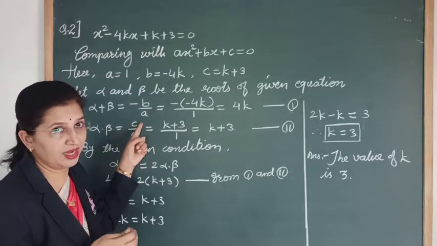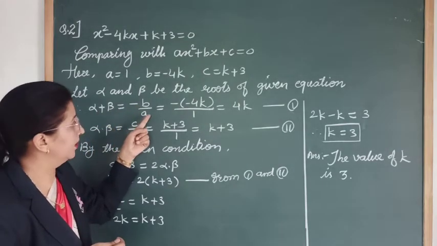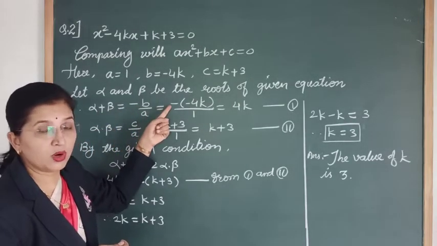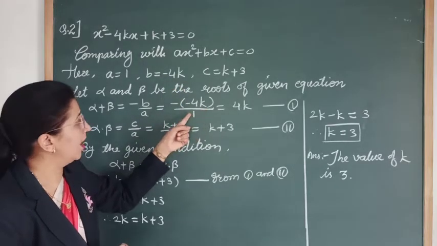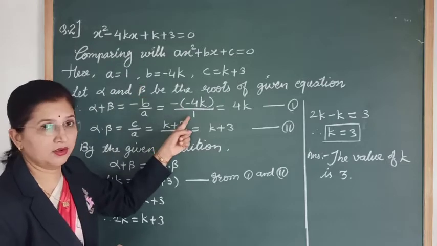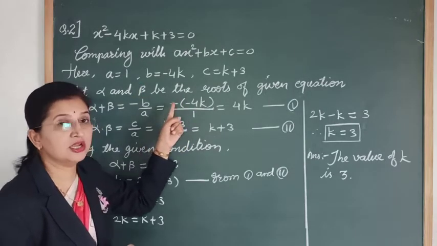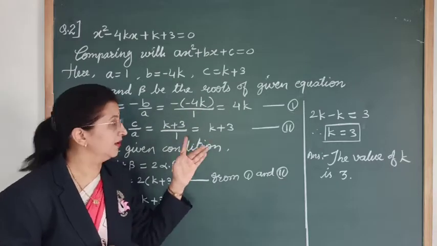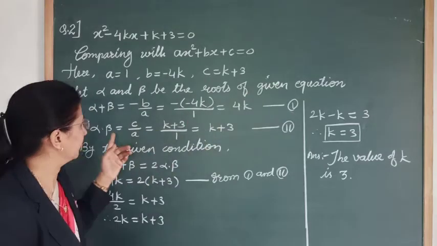So alpha plus beta is equal to negative b upon a. Here negative, and the value of b is negative 4k, upon a, which is 1. Out of the bracket a negative sign is there, so the bracket sign will change, so it will become plus 4k, over denominator 1.